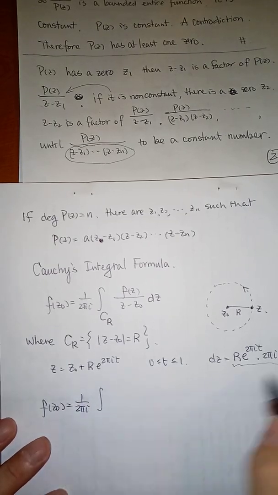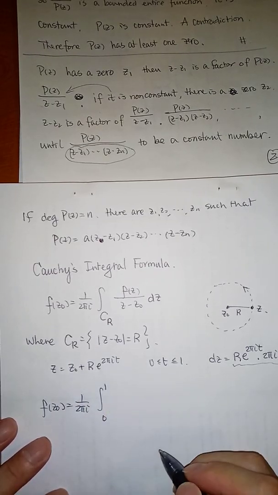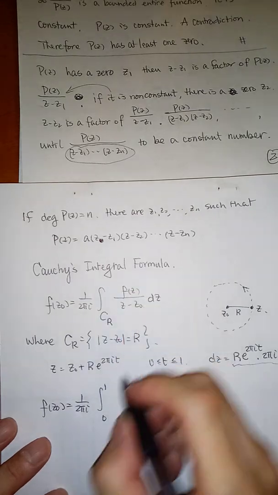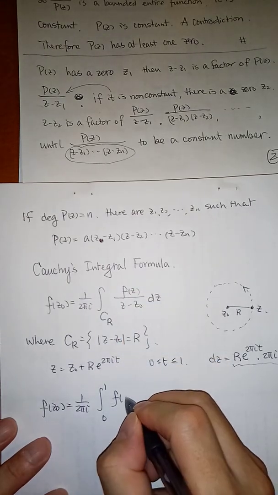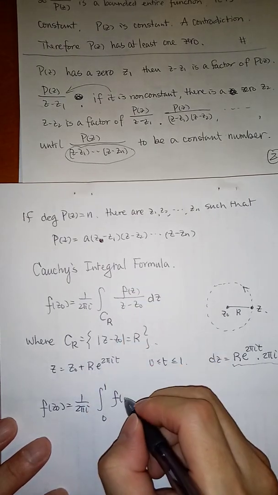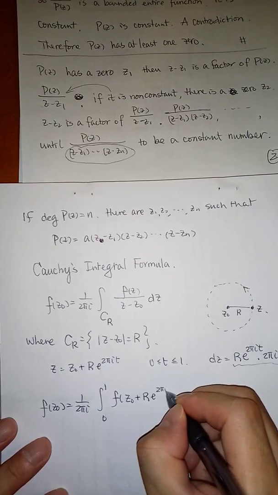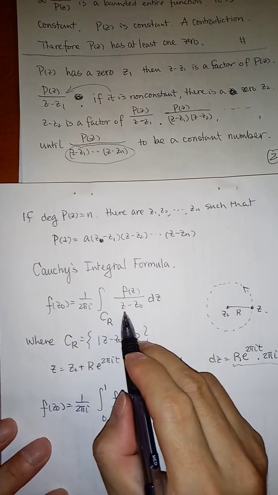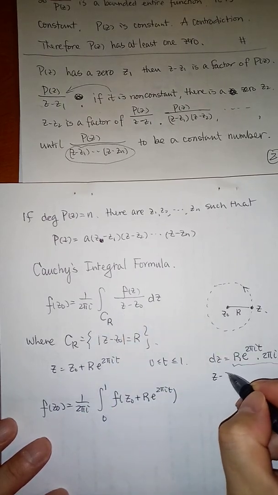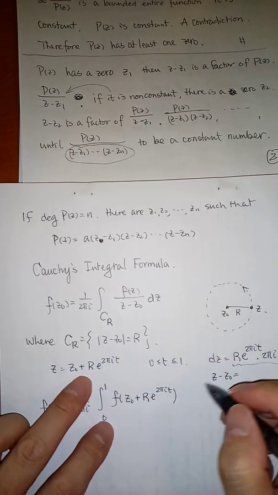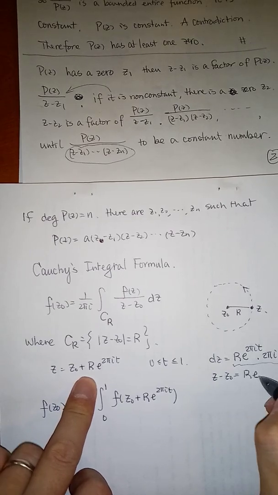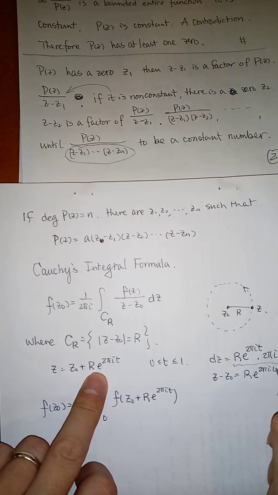Then f of z is f of z0 plus r e^(2 pi i t), and the denominator z minus z0 is equal to r e^(2 pi i t).